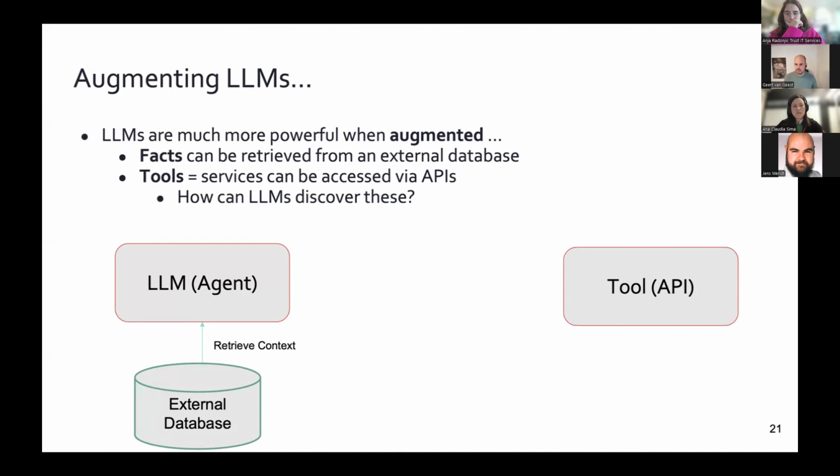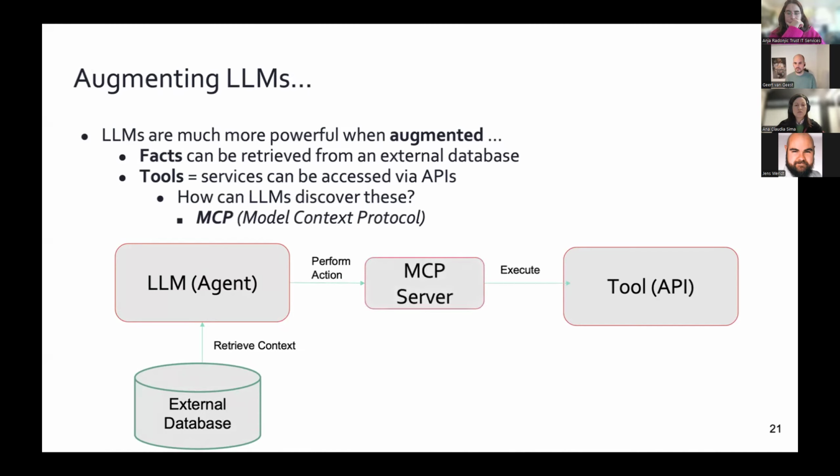And the way that LLMs can discover these is via so-called model context protocol servers, where existing service providers can expose APIs to LLM so-called agents so that they can be also accessed via natural language, which makes them more powerful, easier to use, and so on.